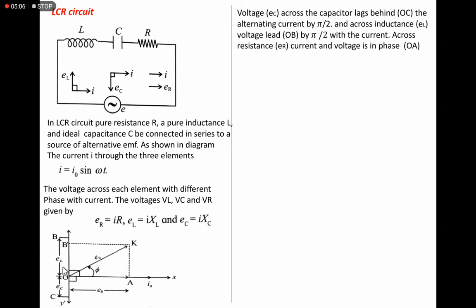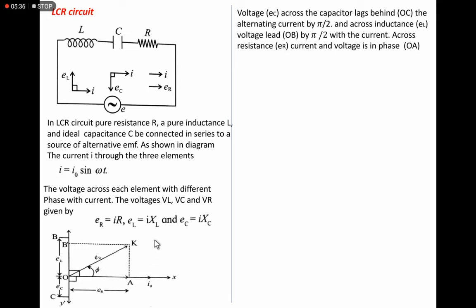Here the EMF across the inductance is more as compared to the EMF across the capacitance. Therefore this part, that is OB, is EL minus EC. If we complete the parallelogram, phi is the angle made by E naught.